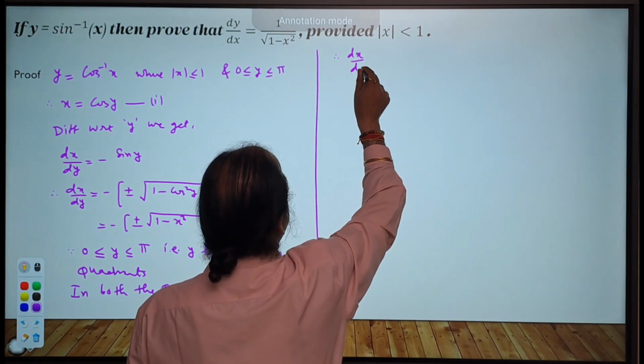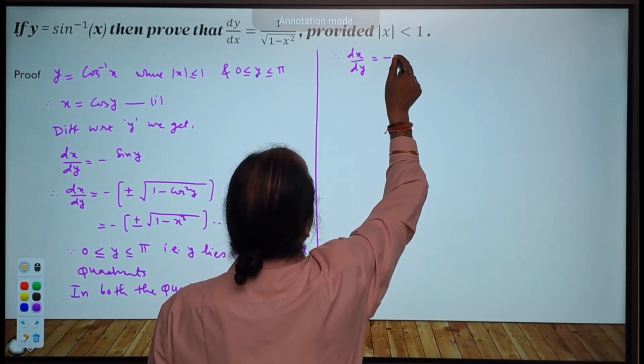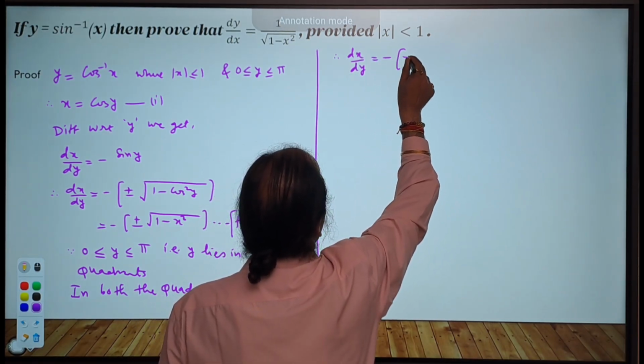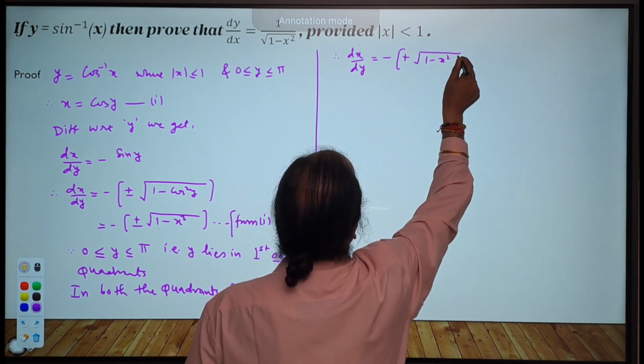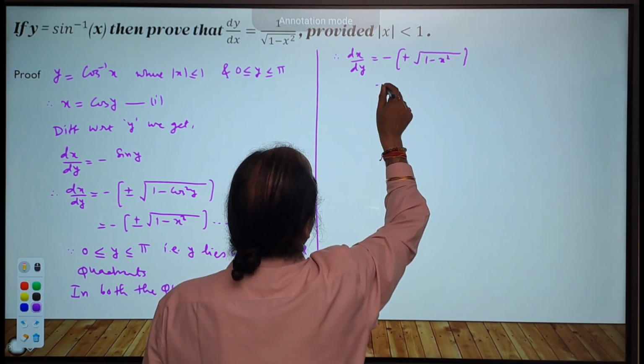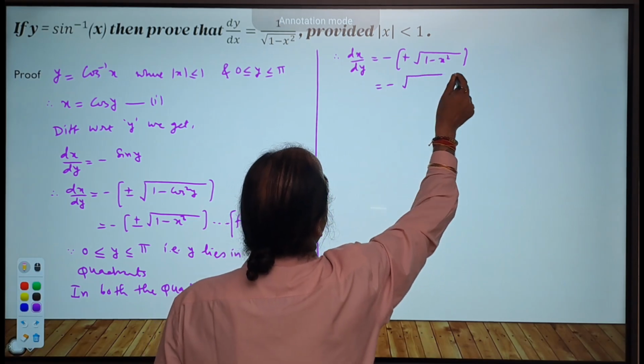So dx by dy will become, outside is minus sign, inside will be positive root, will give minus root.